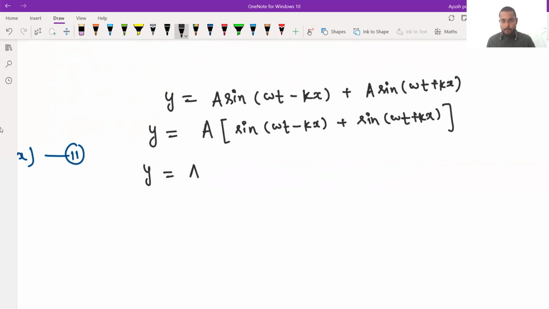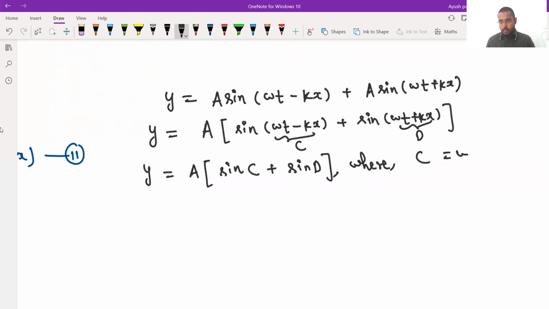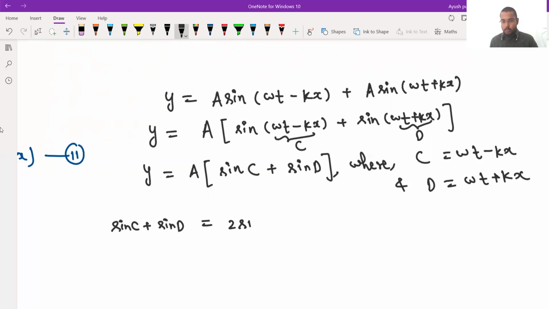Now y is equal to a times sin c plus sin d, where c is equal to ωt − kx and d is equal to ωt + kx. From trigonometry we know one very important formula: sin c plus sin d is equal to 2 sin((c + d)/2) cos((c − d)/2).